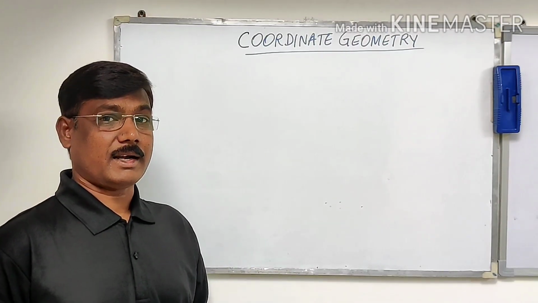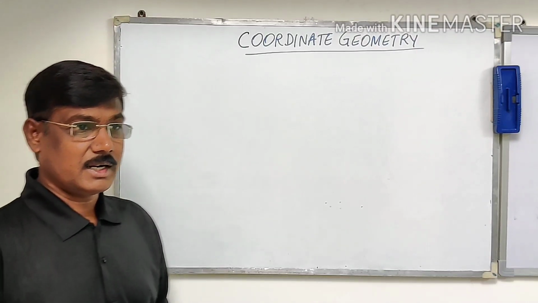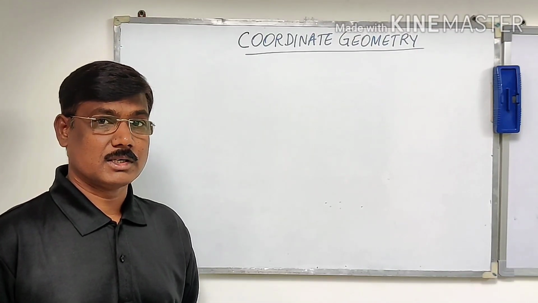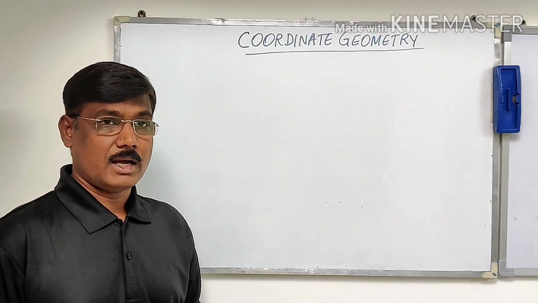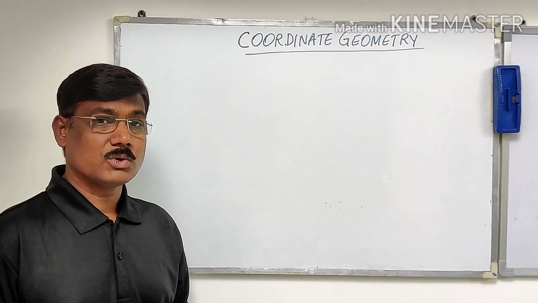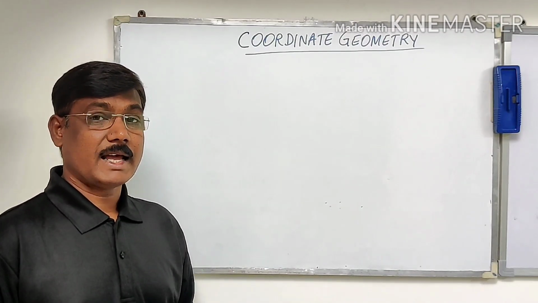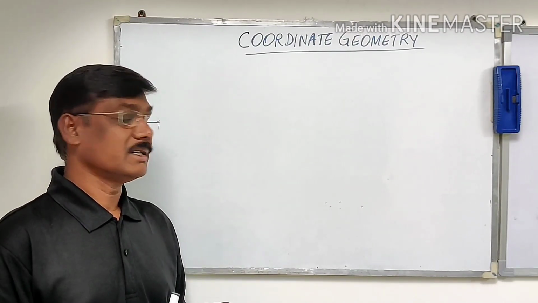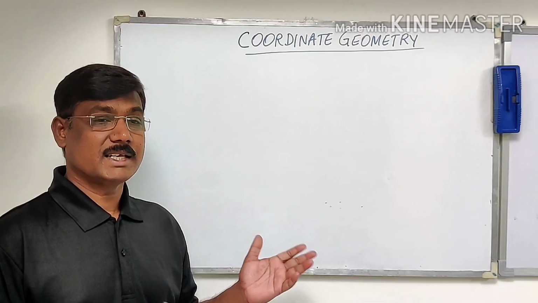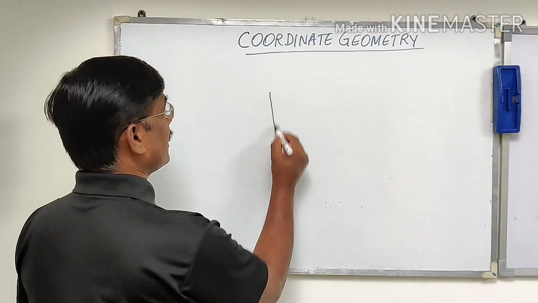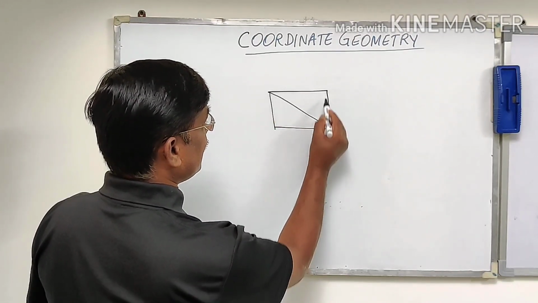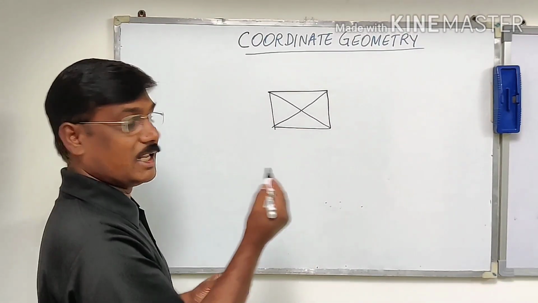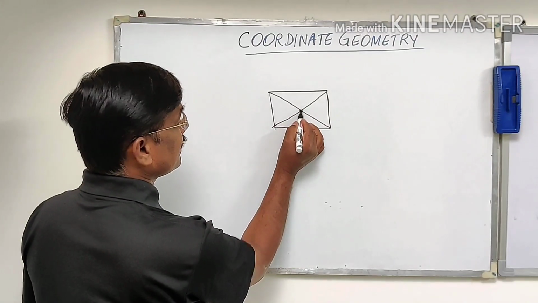Suppose you take a rectangle. It has opposite sides equal, and the diagonals are also equal, and the diagonals bisect each other. So let us say this is a rectangle, and the lengths of the diagonals are equal, and they bisect each other.